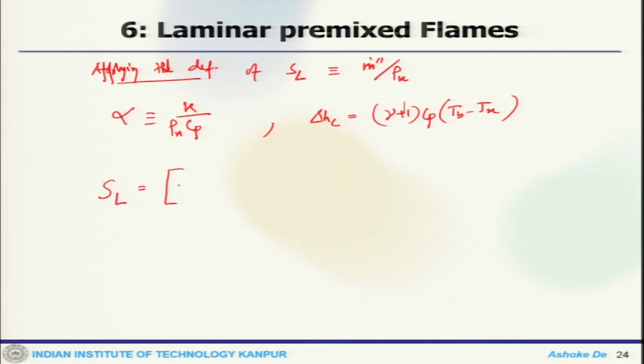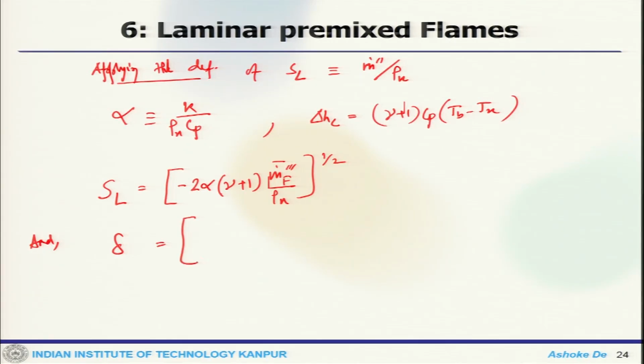SL equals minus 2 alpha (nu plus 1) times average reaction rate by rho u, to the power half, and delta equals 2 rho u alpha divided by (nu plus 1) to the power half.